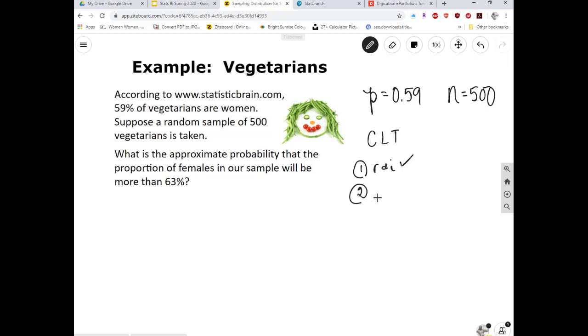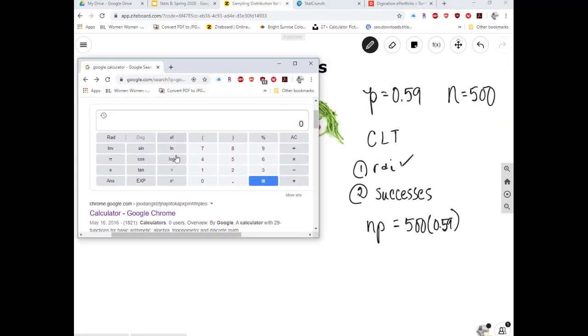For my successes, I multiply my sample size times the proportion: 500 times 0.59, and I get 295.